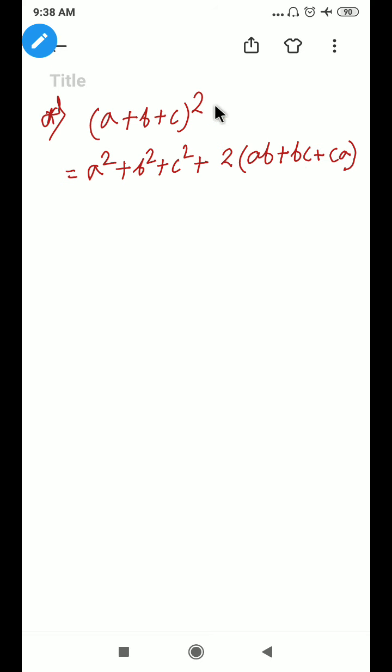If in your question any two of them are given, then you can easily find the other one using this formula. Clear? Now let's see one problem like this.